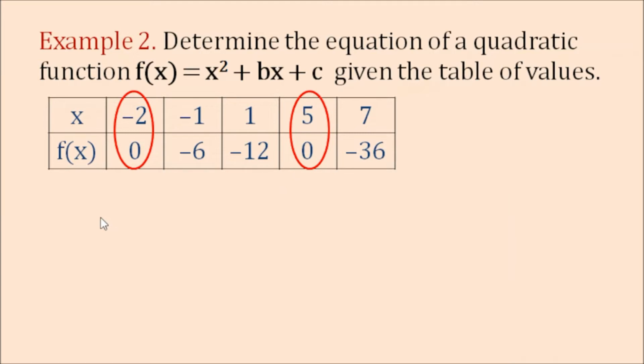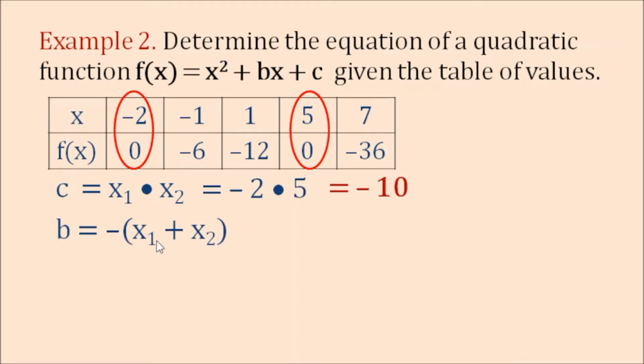To find c, we multiply the two roots. The first root being x sub 1 and the second root being x sub 2. So that means -2 times 5, and that is equal to -10. And to find b, we get the negative of the sum of the two roots.